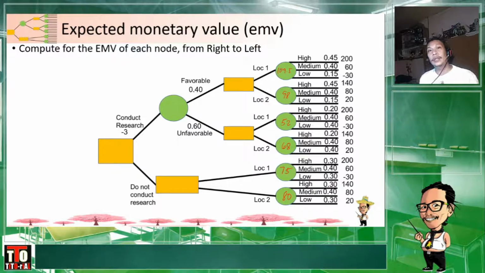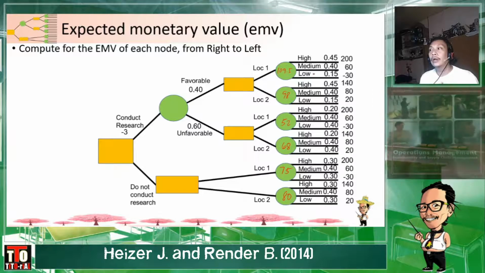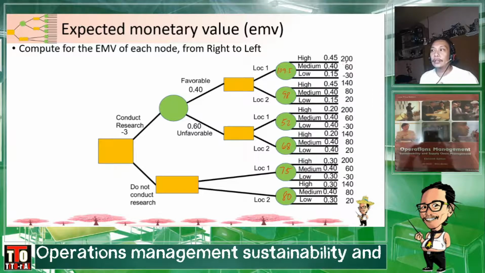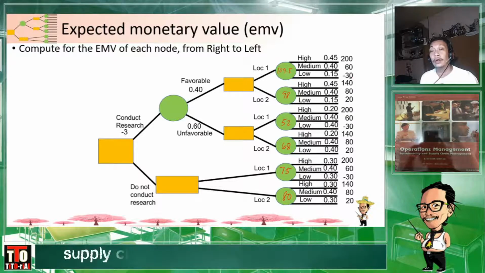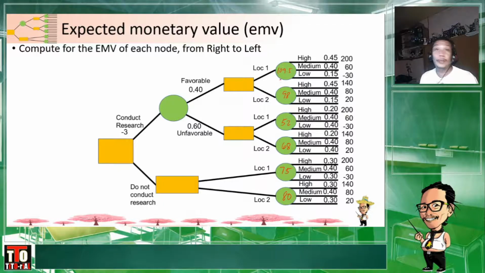So, ano ang pipiliin natin between location 1 and location 2? Now, since ang pinag-uusapan natin dito is projected sales, yung 200,000, 60,000, or a loss of 30,000, syempre, mas gugustuhin natin yung higher number kasi sales ang pinag-uusapan.